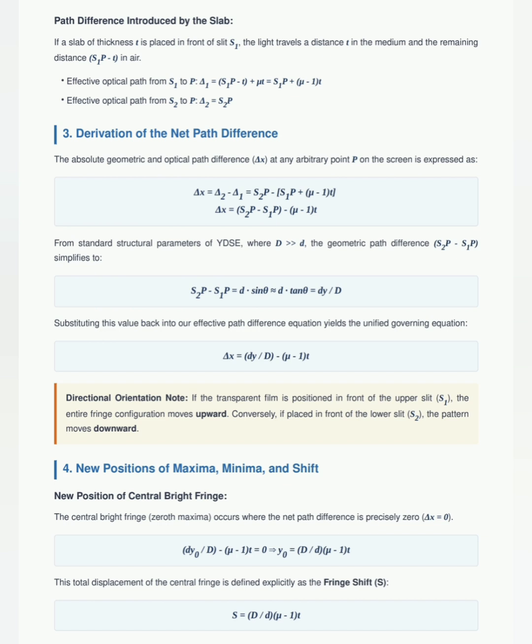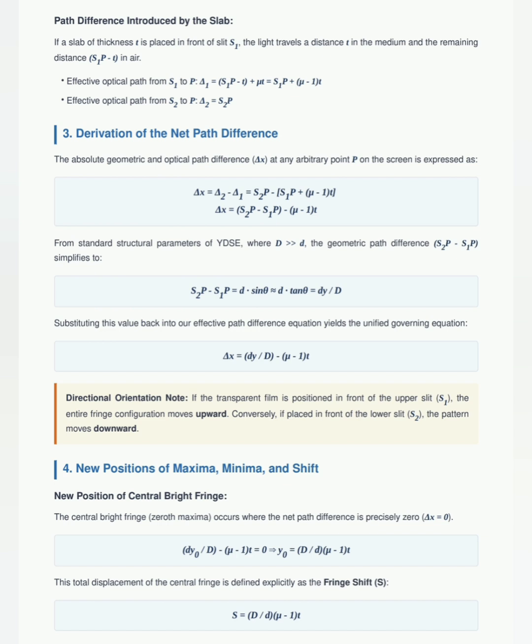Okay, now from the standard structural parameters of Young's double slit experiment, capital D, the distance of the screen from the slits, is very much greater than small d, the distance between the two slits. So the geometrical path difference S2P minus S1P will be d sine theta, and we can write that as d tan theta.